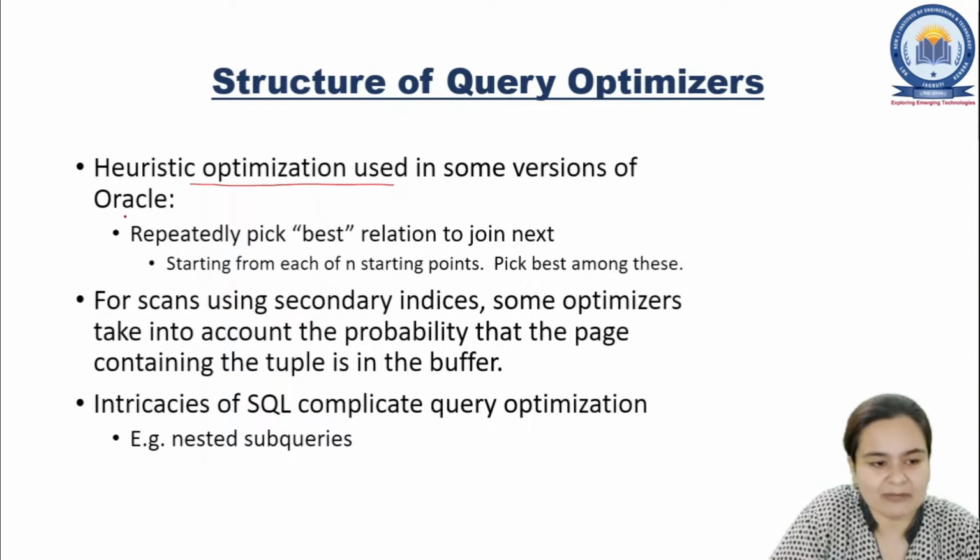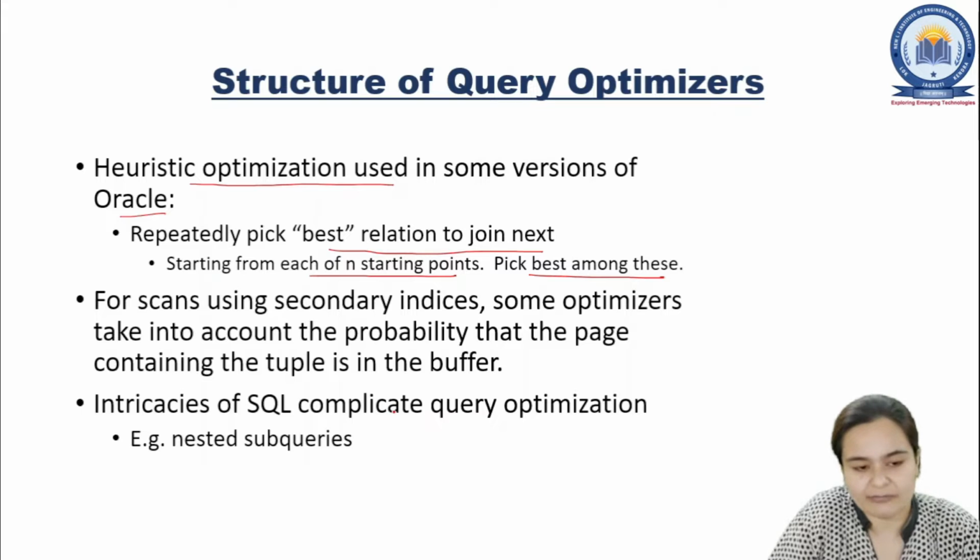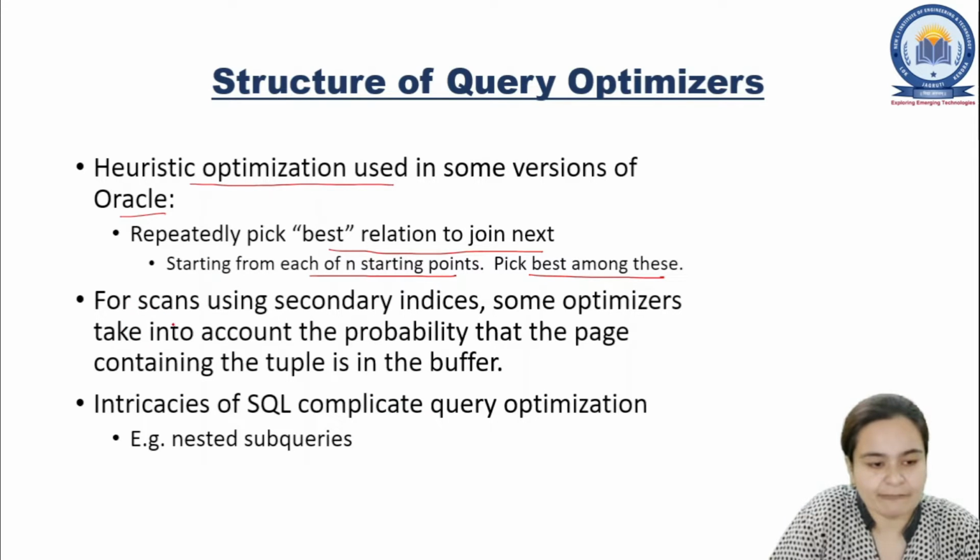Now coming to the structure of the query optimizer, the heuristic optimization used in some versions of Oracle repeatedly picks the best relation to join next. Starting from each of the n starting points, we pick the best among these. For scanning using secondary indices, some optimizers take into account the probability that the page containing the tuple is in the buffer.